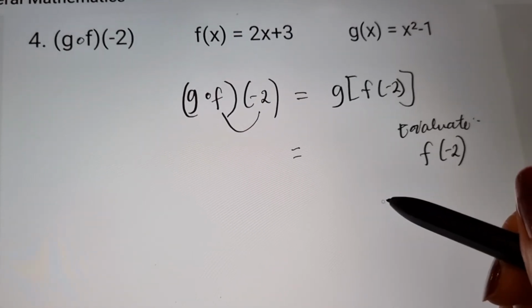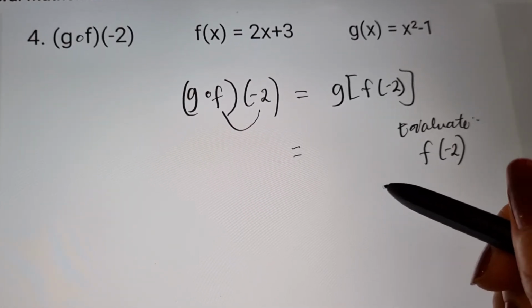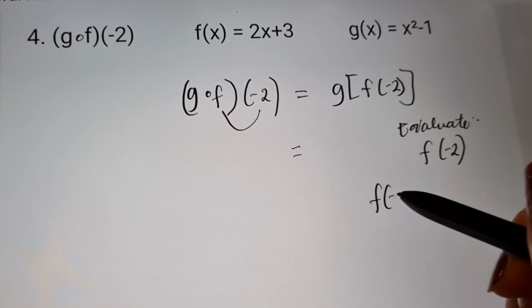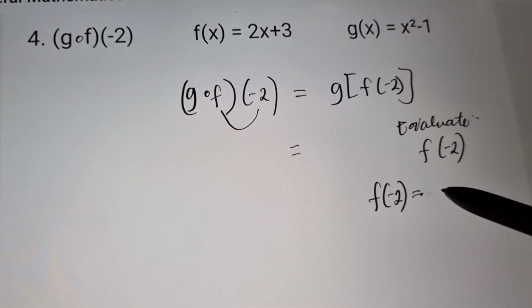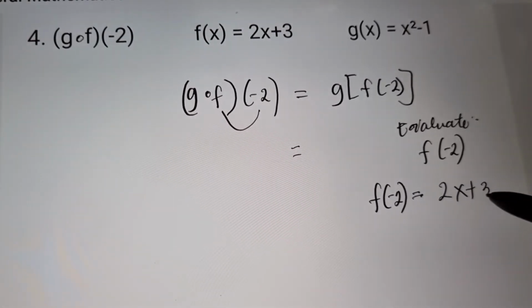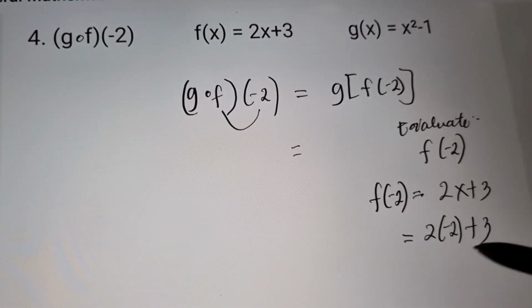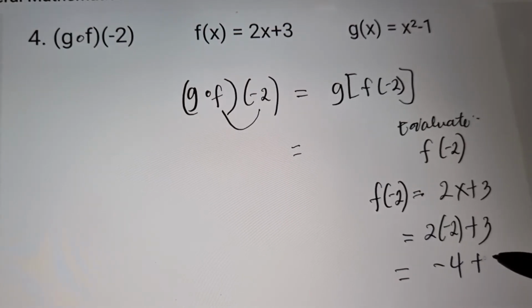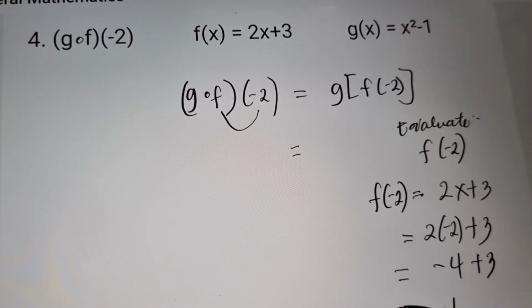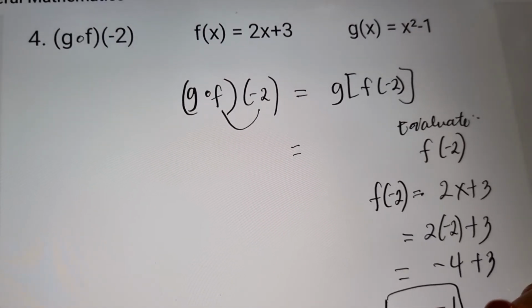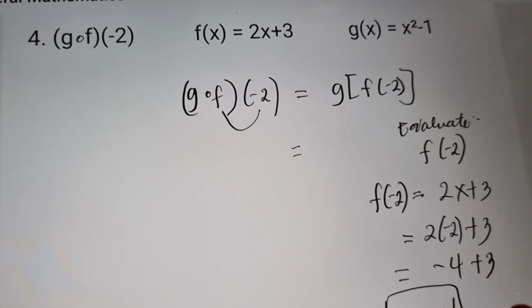So we're going to use, of course, f of x. So instead of x, you write negative 2. f of x is equal to 2x plus 3. So 2 times negative 2 plus 3, this is equal to negative 4 plus 3, that is equal to negative 1. So this is f of negative 2.